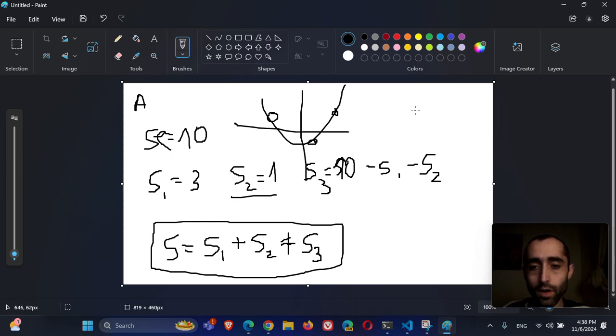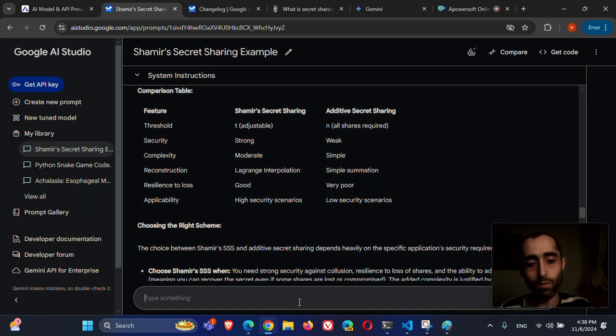But if all the points are collinear, that may be a problem. Think of 1, 2, 3: you can take a second degree polynomial through them. I think that they should not be collinear. Let's see if I'm right. The points, the shares in Shamir, should be not collinear, otherwise the polynomial won't be unique.